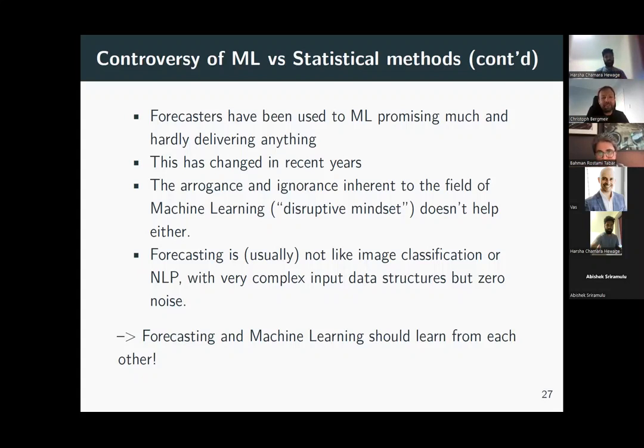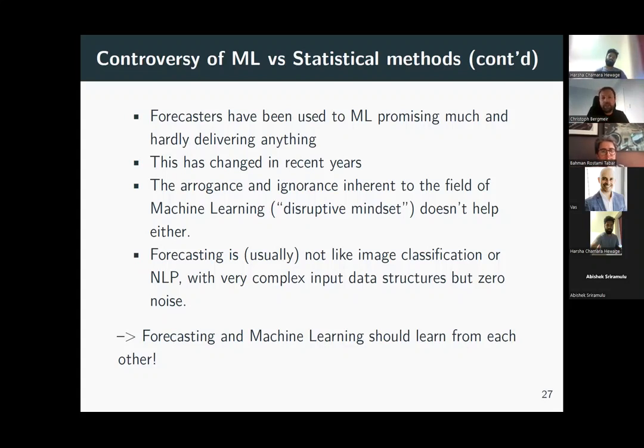It's still not helping. And also keep in mind, forecasting is usually not like image classification or NLP, where you have very complex input data structures, but zero noise and no covariates and so on. So forecasting is a bit difficult.